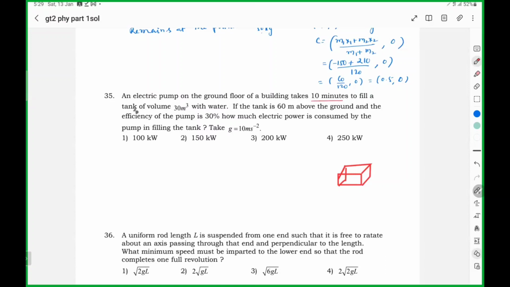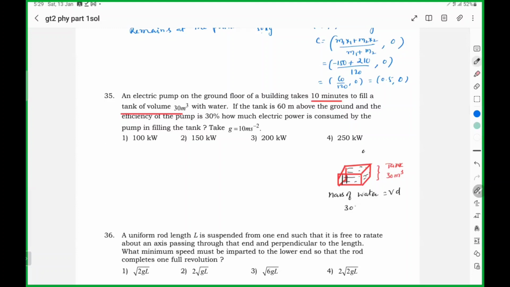It takes 10 minutes to fill a tank of volume 30 meter cube with water. So what is the mass of water? It is equal to volume into density.